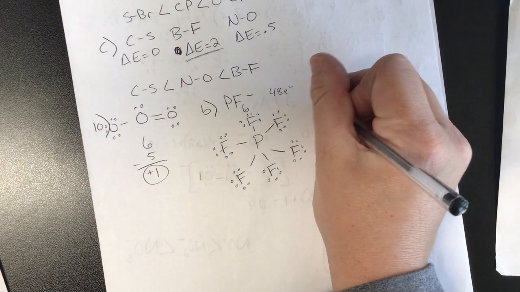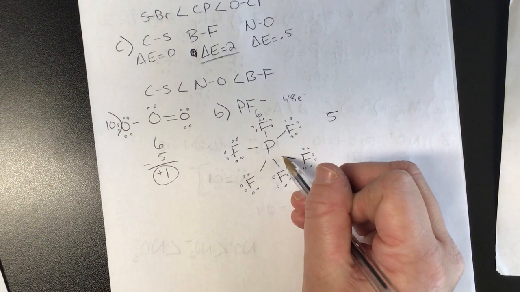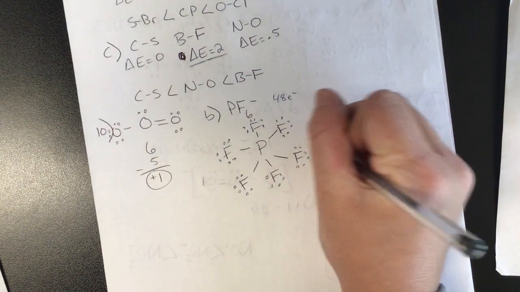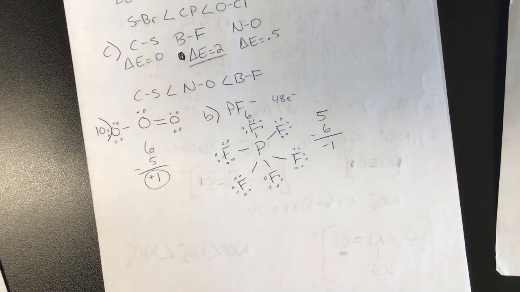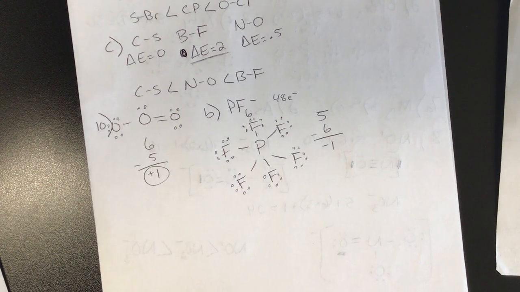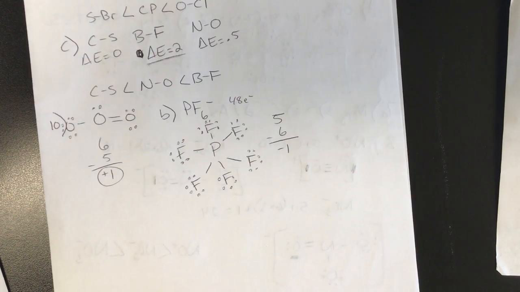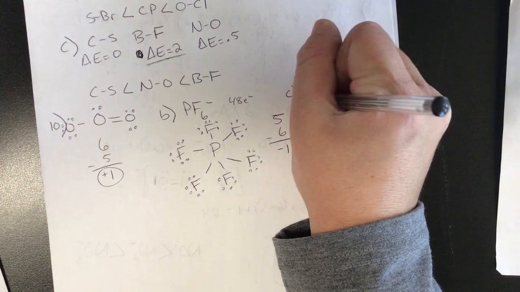Phosphorus valence is 5, and we've got 1, 2, 3, 4, 5, 6 assigned. So it'd actually be a -1. I think I accidentally put a 0 in your answer sheet, but it should be a -1. Again, sorry about that.